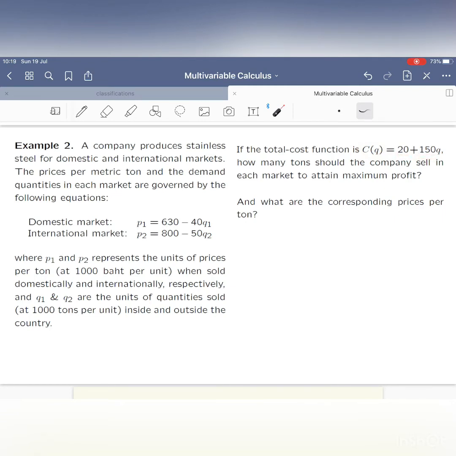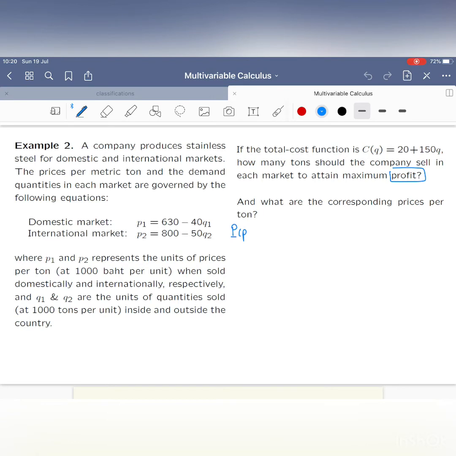We want to find how many tons should the company sell in each market to, of course, attain the maximum profit, okay. So if you want the maximum profit, first of all, you need to find your profit itself, okay.